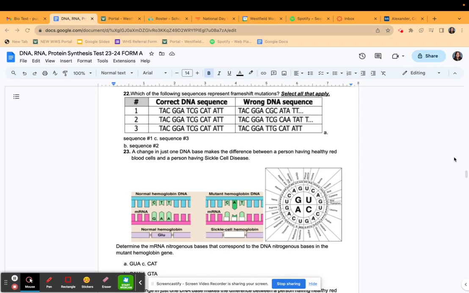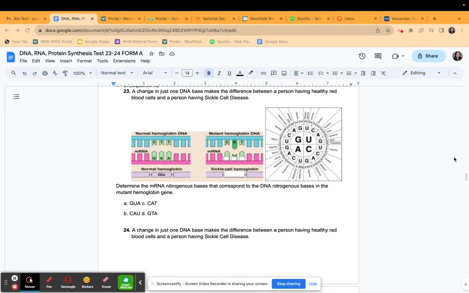22. Which of the following sequences represent frame shift mutations? Select all that apply. A. Sequence number 1, B. Sequence 2, C. Sequence 3. 23.